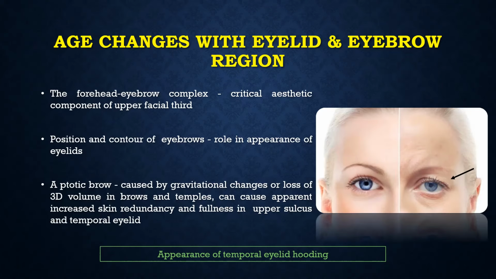And this descent of the brows adds significantly to the aging of the entire eyebrow-eyelid continuum. A ptotic brow caused by these gravitational changes or the loss of volume or even the depressor-related muscle activity can cause apparent increased skin redundancy and fullness in the upper sulcus and especially the temporal eyelid.